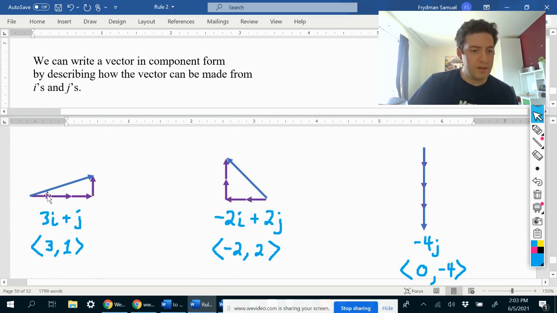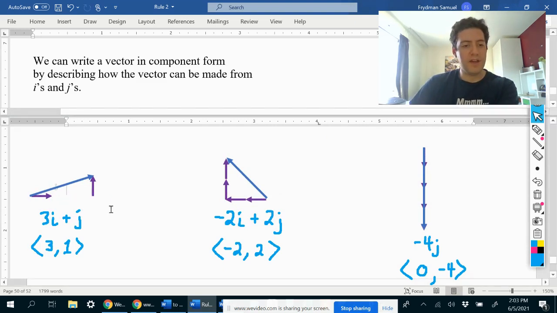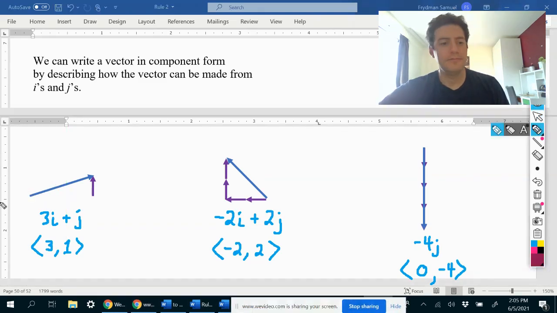Okay, I actually drew 3i vectors, but 3i literally means take an I vector and make it 3 times longer. It would look like that.